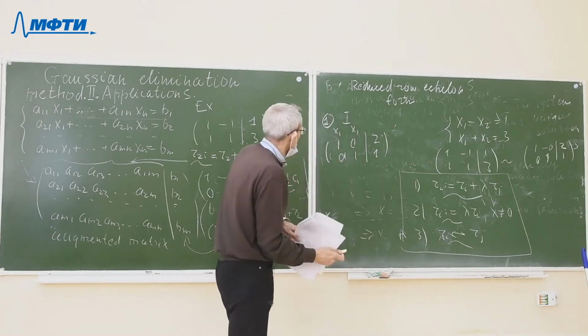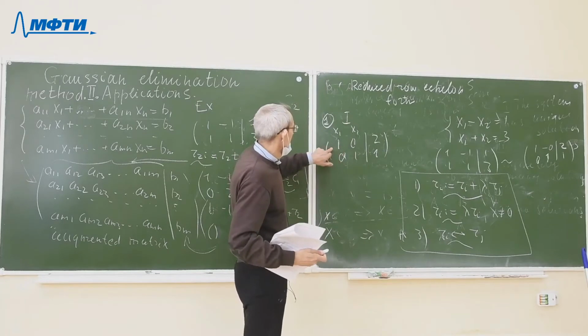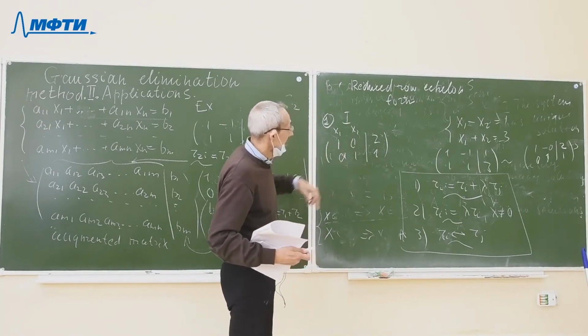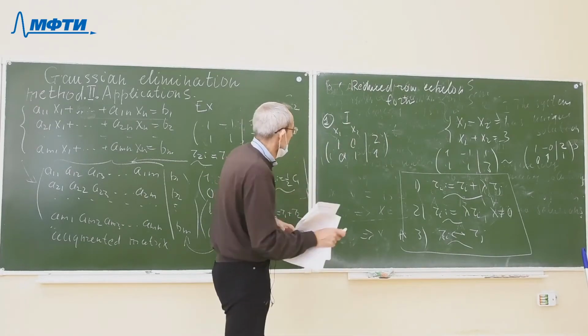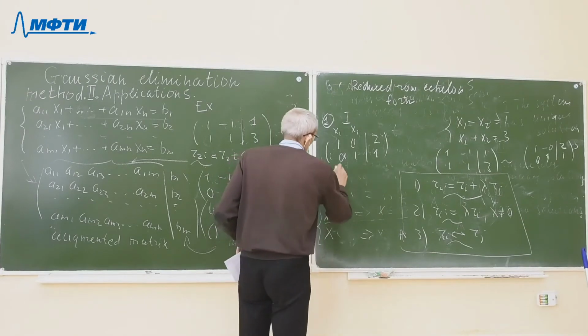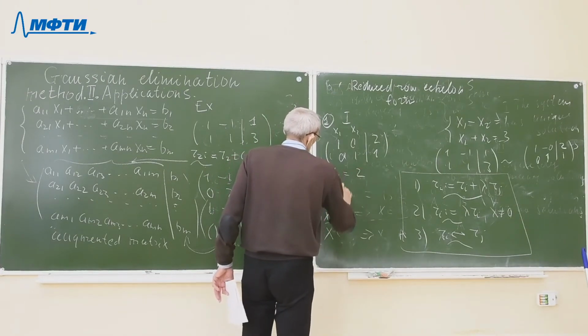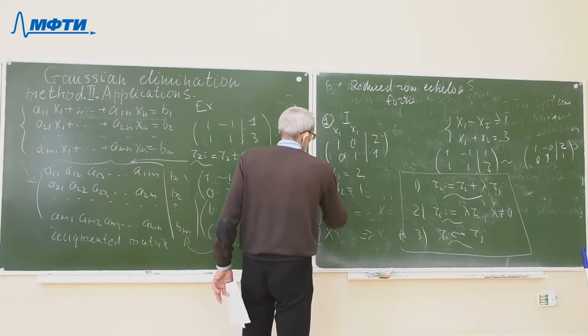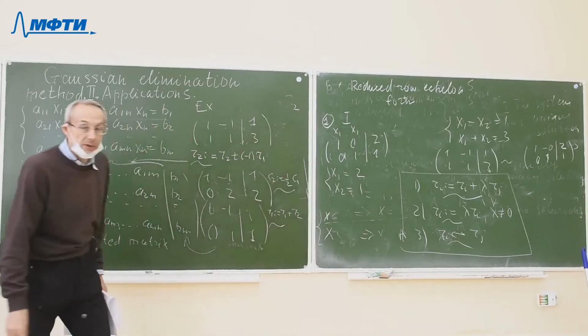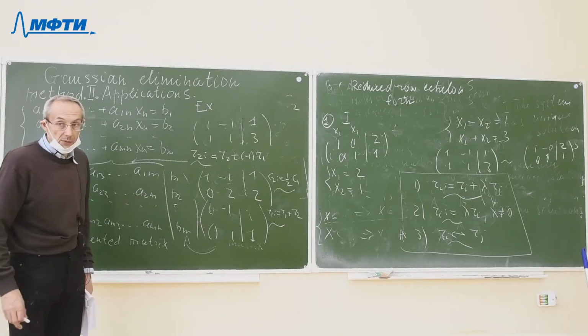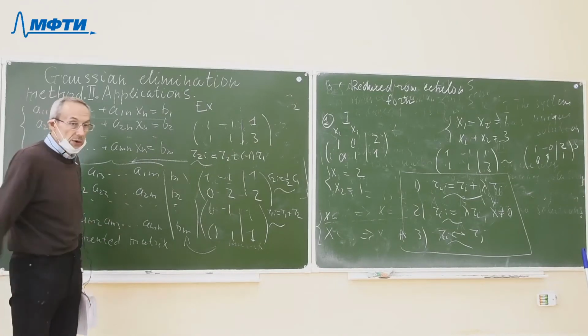The coefficients for x1 is 1, and this matrix is equivalent to the following linear system: x1 is equal to 1, x2 is equal to 1. And this linear system is the solution of our initial linear system.